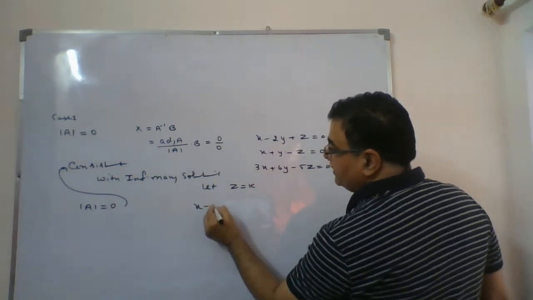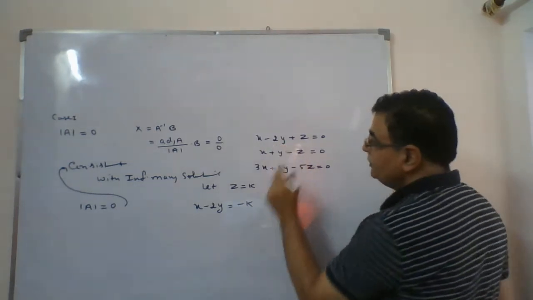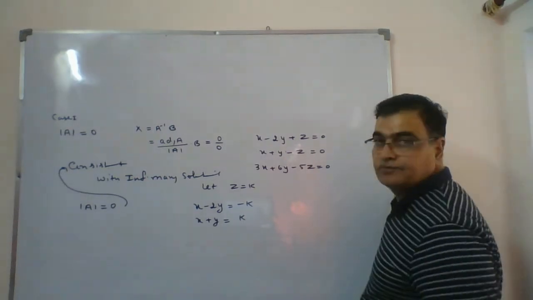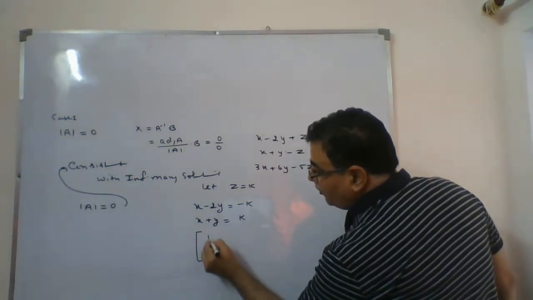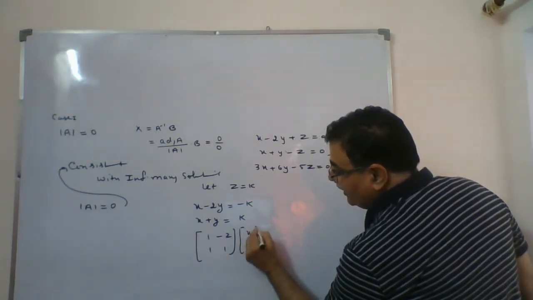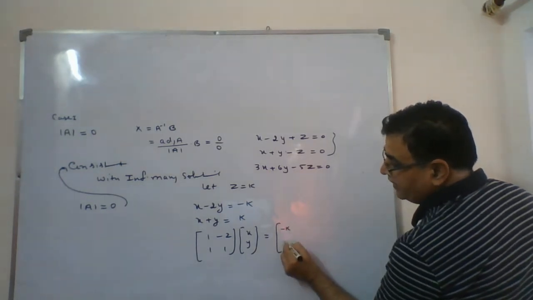Then the equation will be x minus 2y will be minus k. Second will be x plus y will be k. Only these two equations I'll take. Write this in proper form: 1 minus 2, 1, 1. Then it is x and y, and here it comes out to be minus k and k.